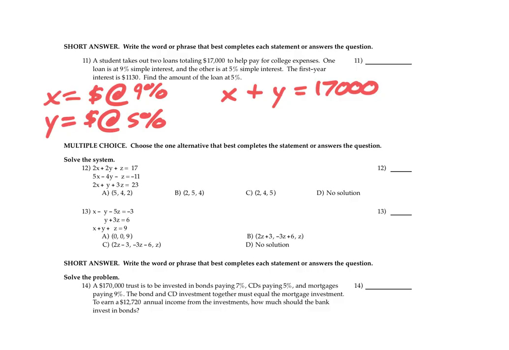And then yesterday we talked about interest. The total interest that I get charged is $1,130 in the first year. For the first loan, I'm getting charged 9%. For the second loan, I'm getting charged 5%. And my total interest is $1,130.